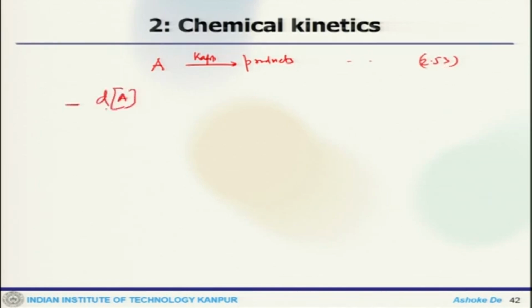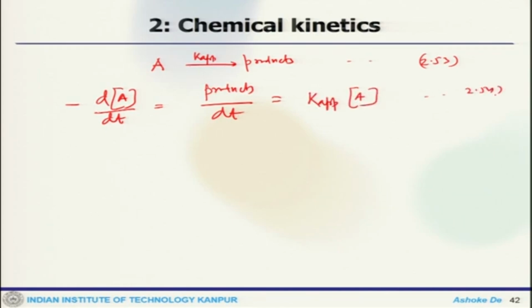So, one may write like dA by dt equals to d products by dt equals to K APP into A. So, this is alternative way of writing the production of products. So, K APP is nothing but the apparent unimolecular rate coefficient.